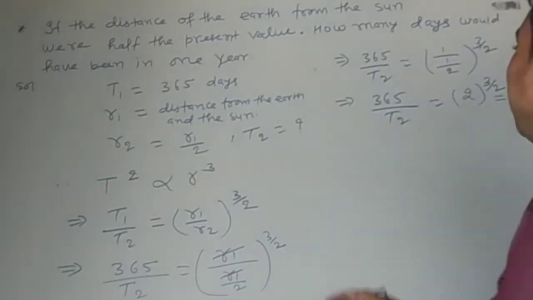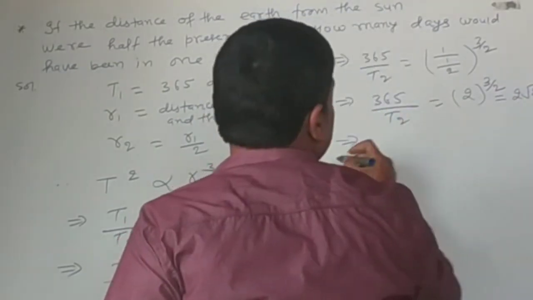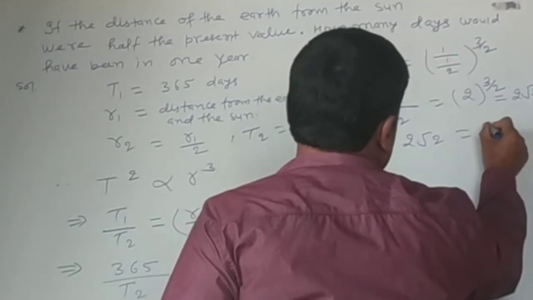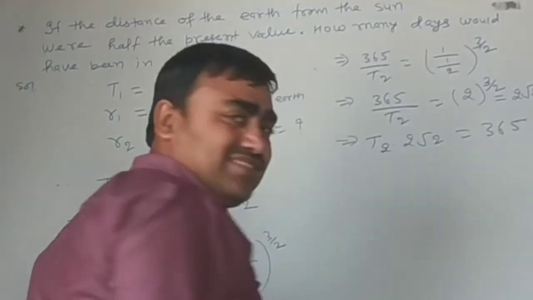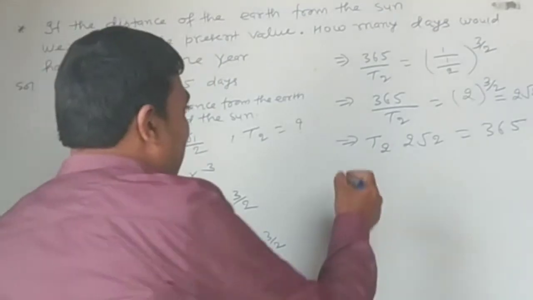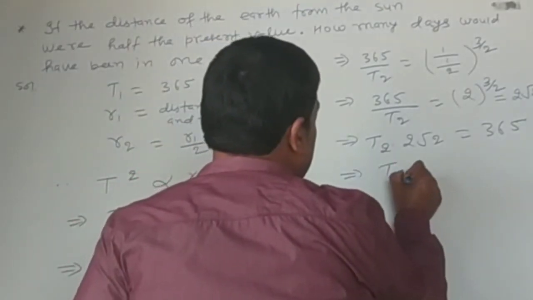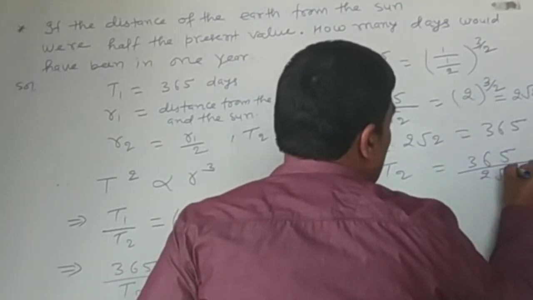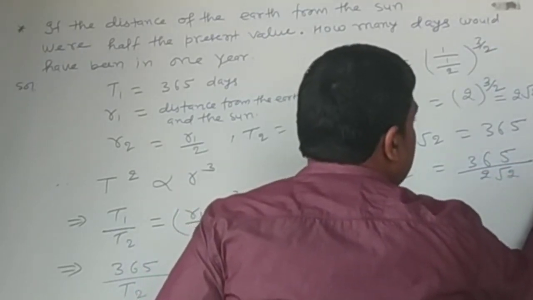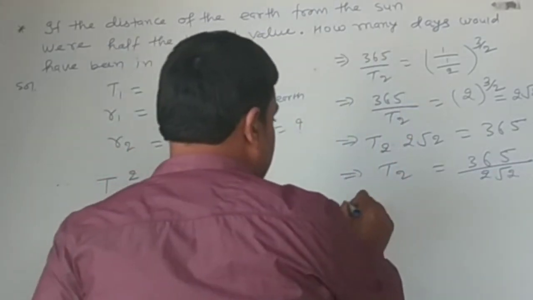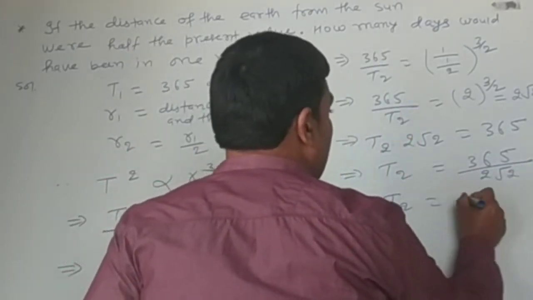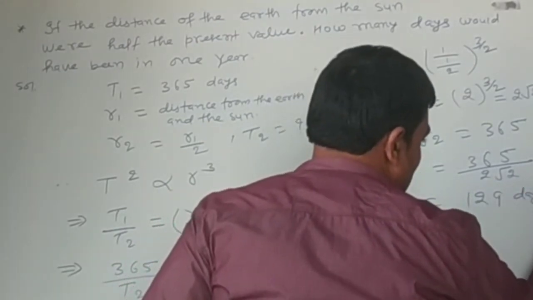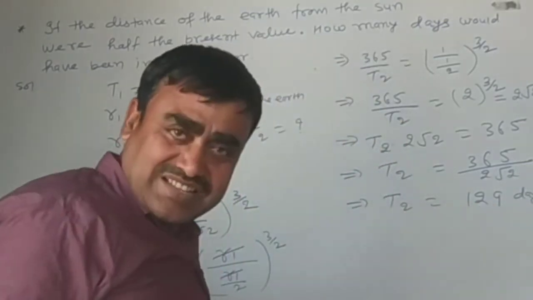That implies T2 into 2 root 2 is equal to 365, and hence T2 is equal to 365 upon 2 root 2 days. After solving it will come to 129 days approximately. This is our answer.